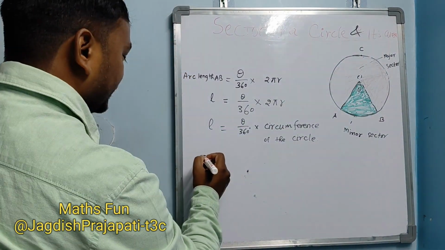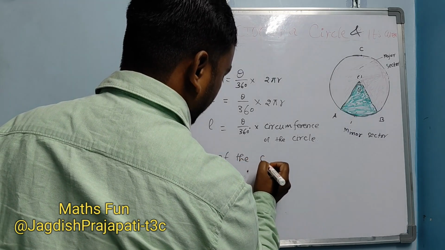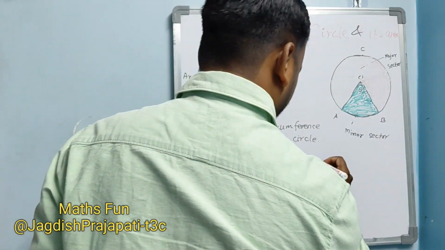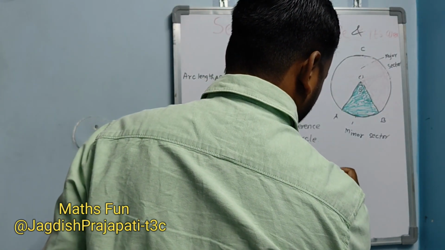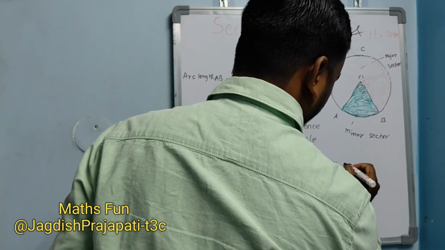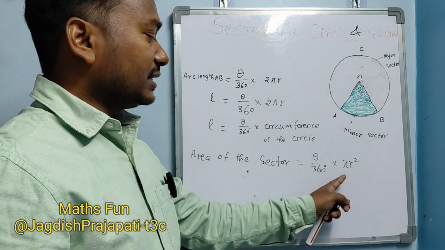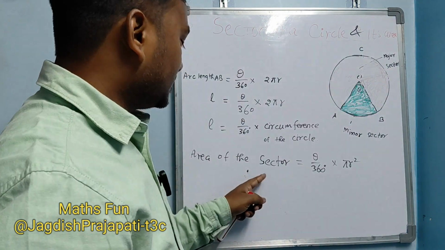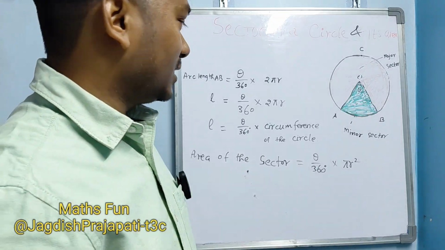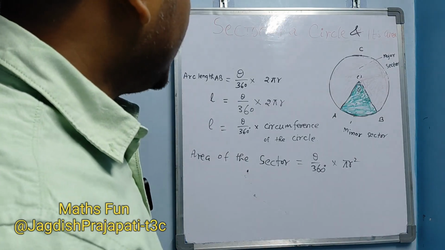In the same way, the area of the sector will be theta by 360 into pi r square, meaning the area of the circle. So the area of the sector is theta by 360 into pi r square. Now you have to remember some points.